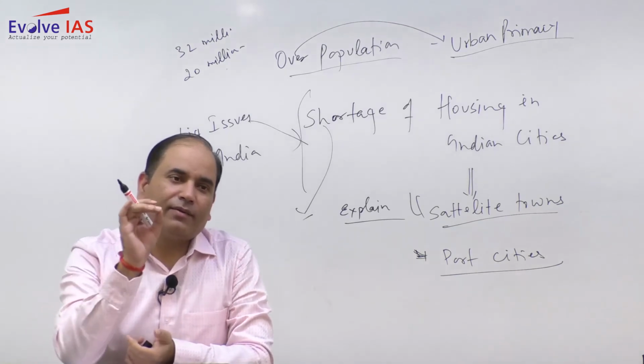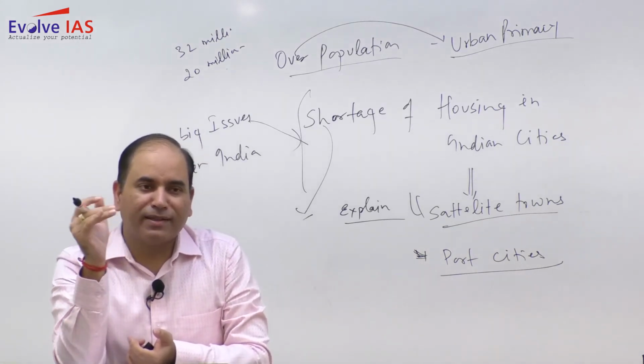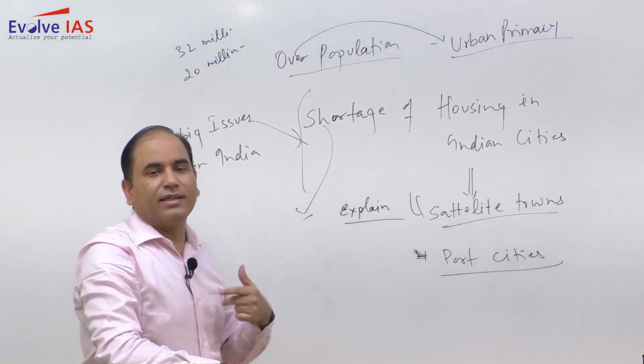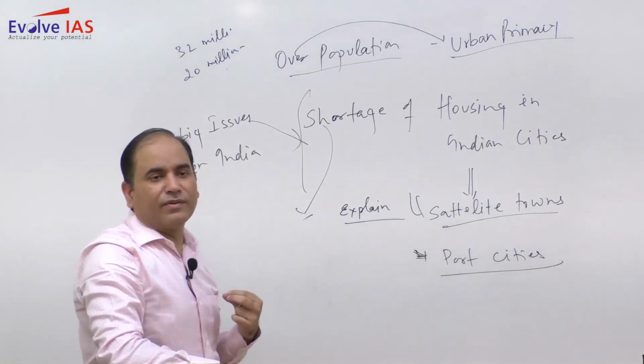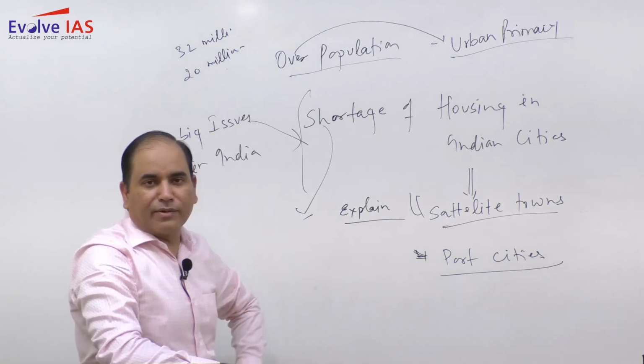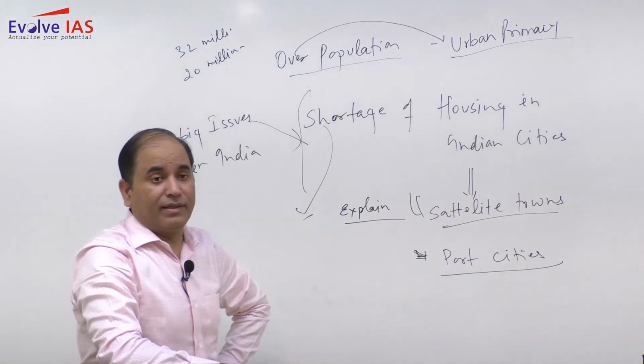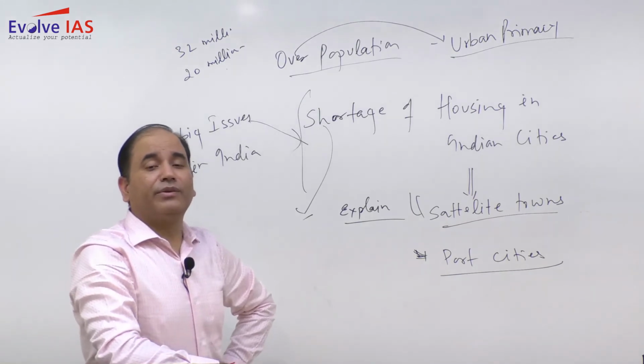As far as the problems are concerned, you can write about different problems: drainage facilities, the problem of drinking water. Then you can talk about slum development. But along with that, you also need to write some solutions.